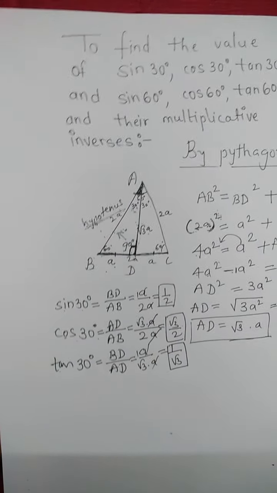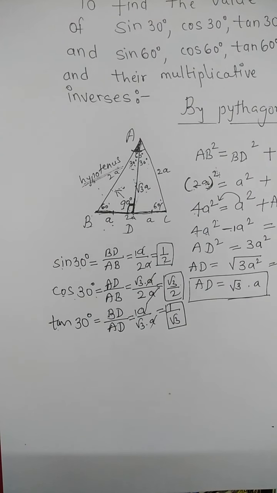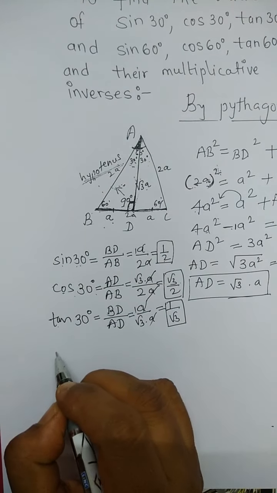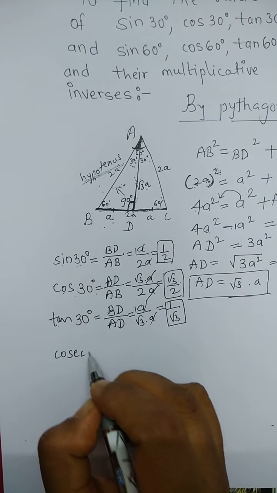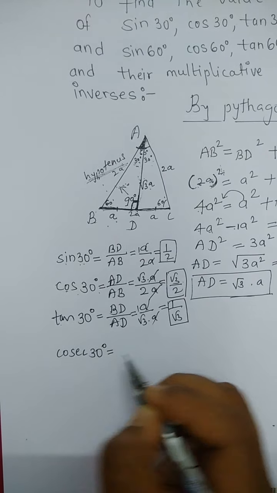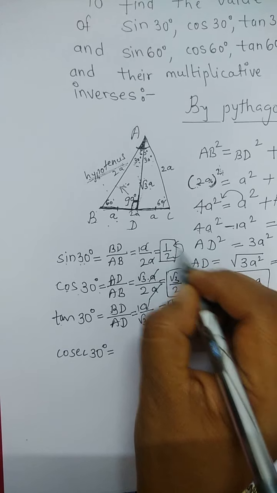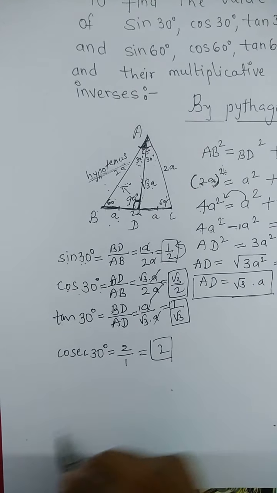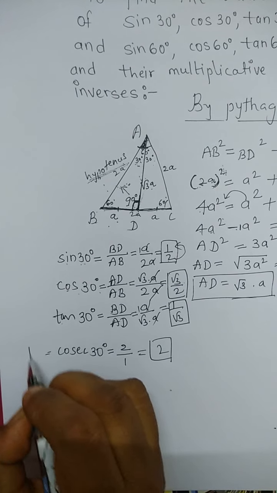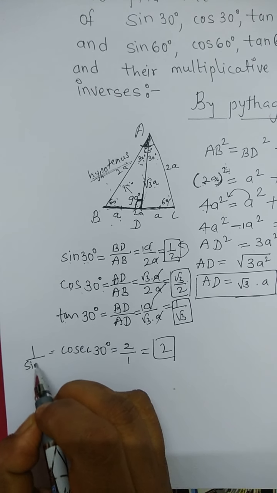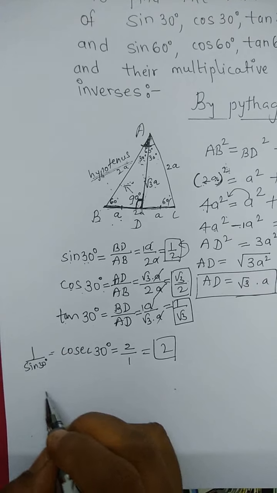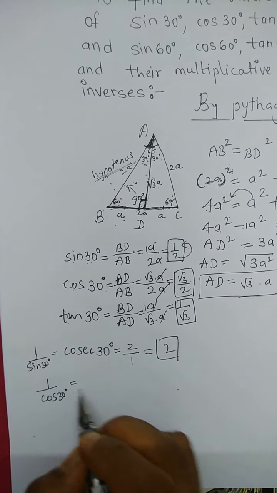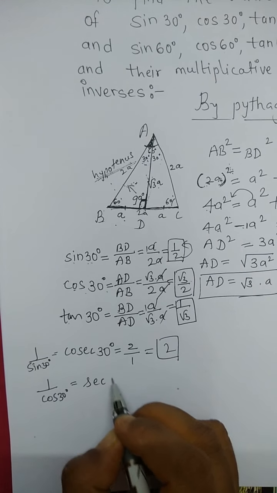What about the reciprocal ratios? Means multiplicative inverses. Sine multiplicative inverse is cosec 30 will be 2 by 1. 2 by 1 means 2. Okay, because cosec is nothing but 1 by sine 30. So 1 by cos 30 degree will be sec 30.